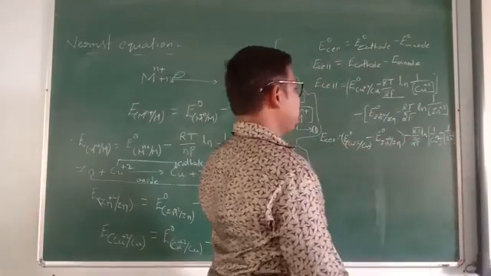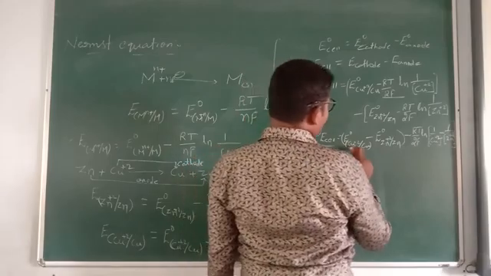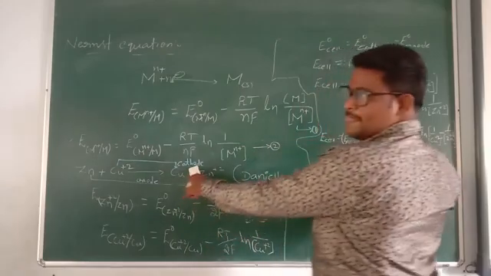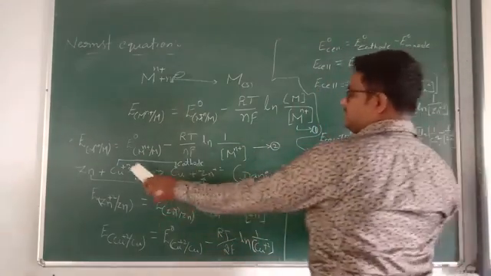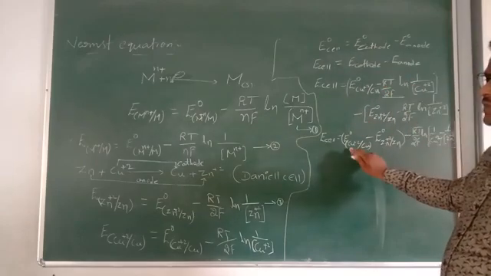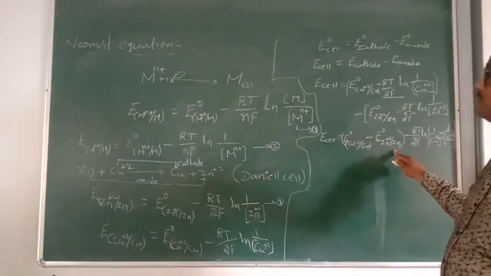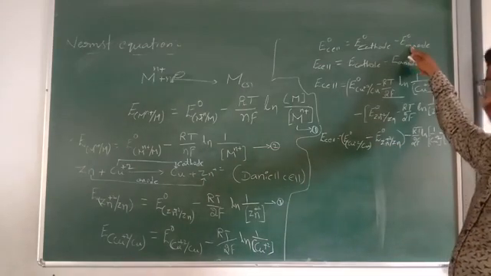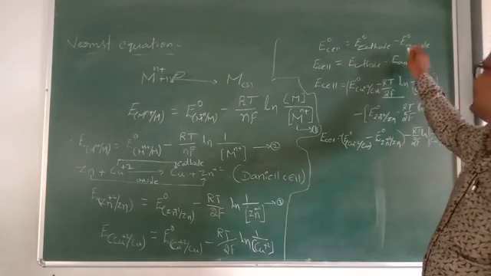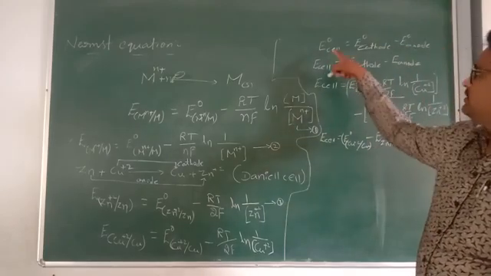Okay, this is the equation, and we know that copper ions converting to copper is the cathode, and the Zn+2 ions side is the anode. So instead of E cathode minus E anode, we write E naught cell.